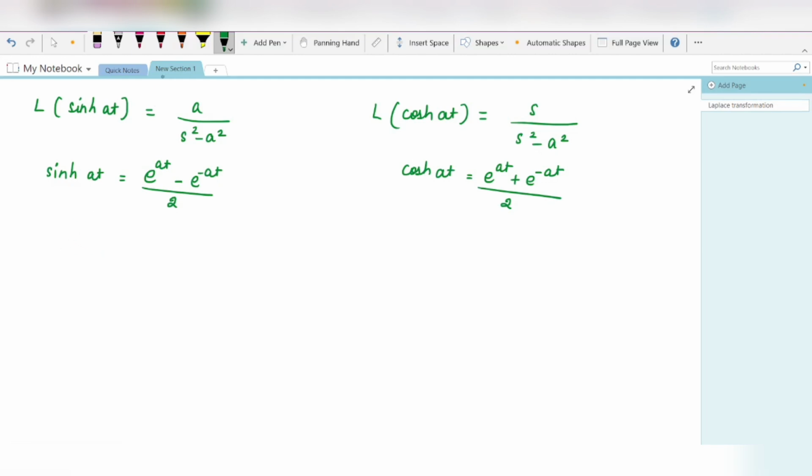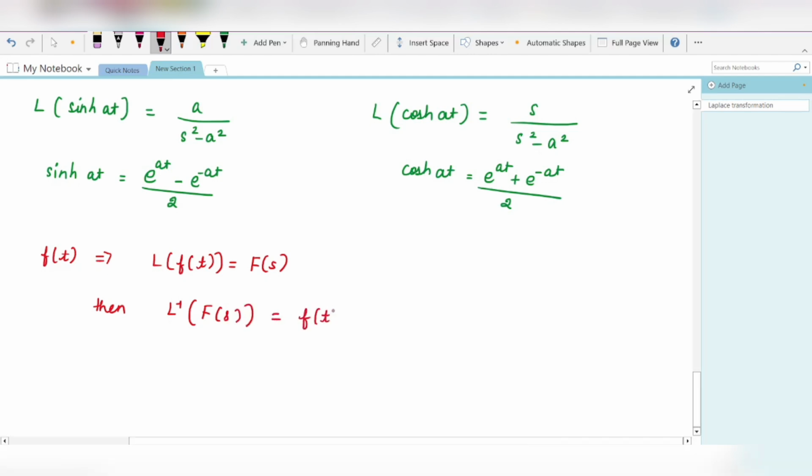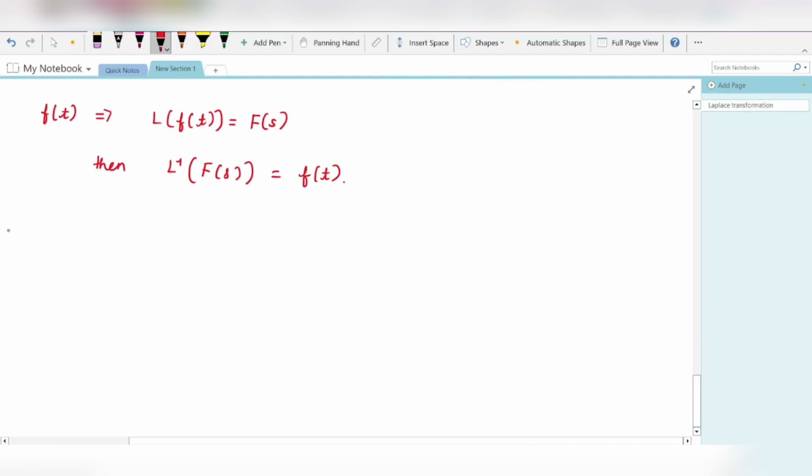And now, one major thing to note down is that if we are given a function f of t, and the Laplace transformation of that function f of t is, say, some F of s, then we even have the Laplace inverse of the function F of s, which will be nothing but f of t. So we found that the Laplace transformation of 1 was 1 by s.